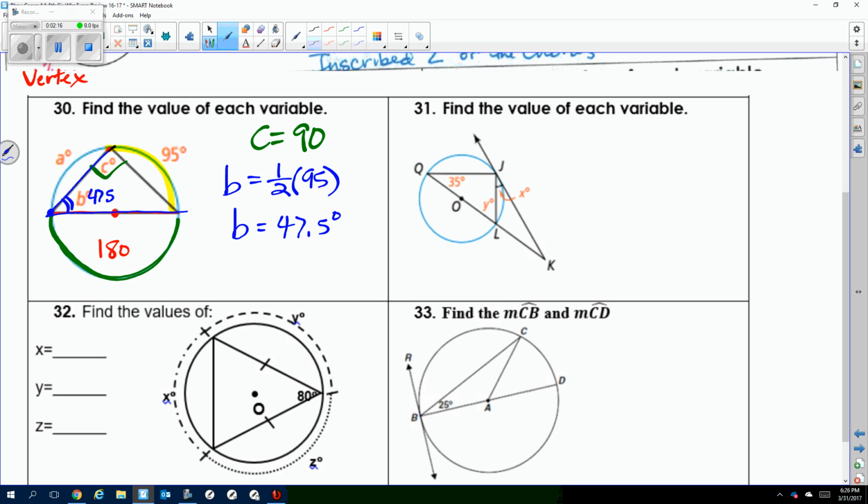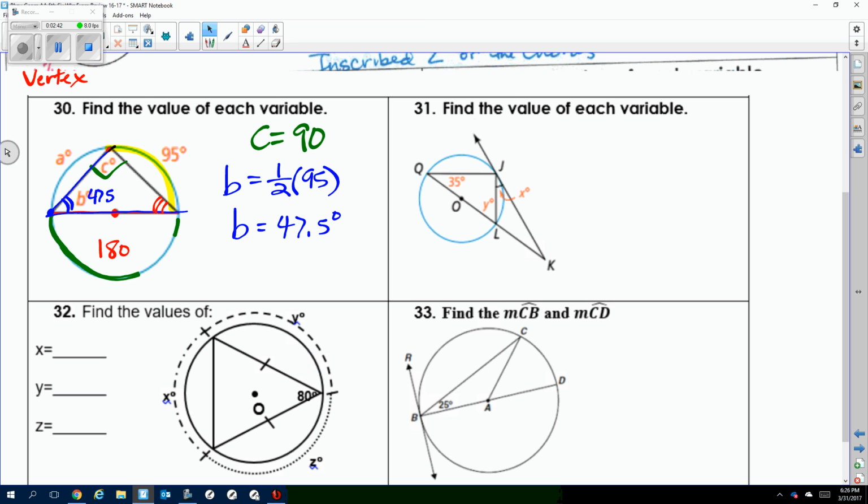So I can put that in there, 47.5. We know C is 90. So to get to my A, I need to use the arc over here, because the arc AB is the intercepted arc of the inscribed angle, the other acute angle in the right triangle. So to get to that angle, basically I'm just saying 90 minus the 47.5.